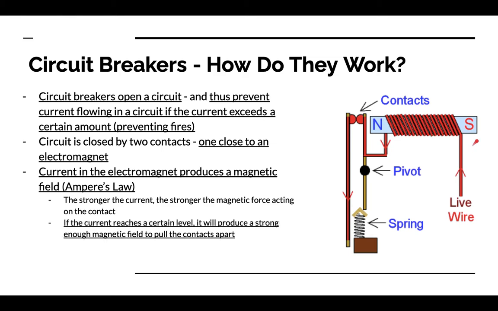So if the current reaches a certain level, it's going to produce a strong enough magnetic field to pull this contact towards the north pole of the magnet, and that is going to open your circuit and prevent electric current from flowing. So a circuit breaker uses excessive current to fight excessive current, which is quite ingenious. It's a very novel application of Ampere's law that I always appreciate.